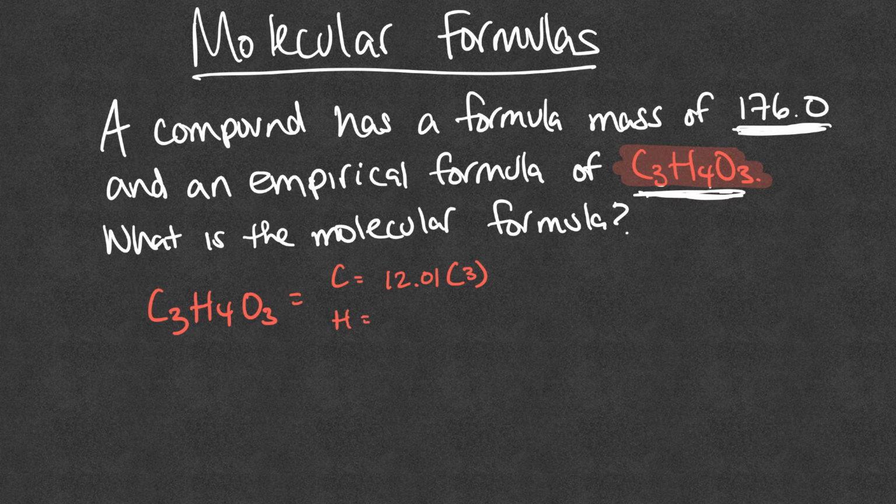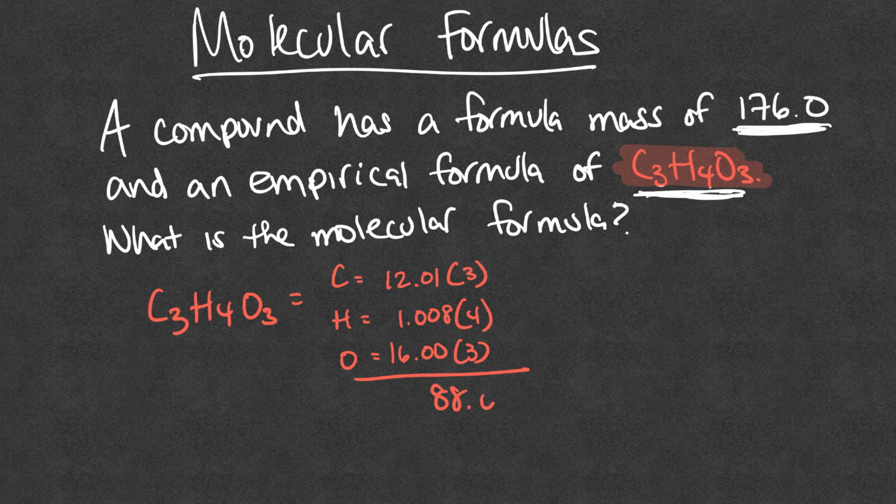Hydrogen has a molar mass of 1.008, and you multiply that by 4. Oxygen has a molar mass of 16.00, and you multiply that by 3. We add this up together, and we get roughly 88.0 grams per mole. So that's the empirical formula's molar mass.